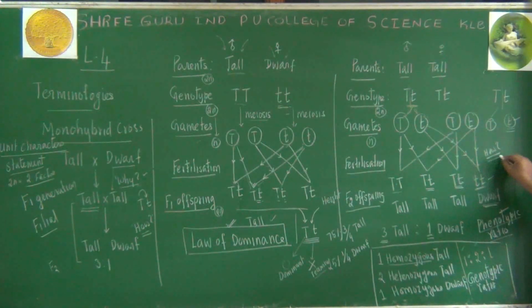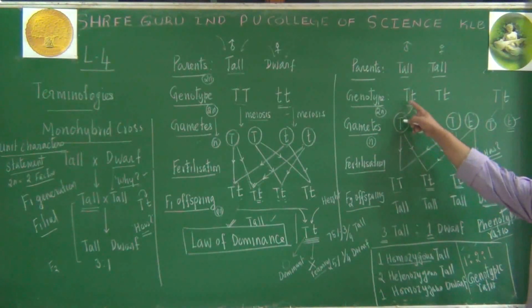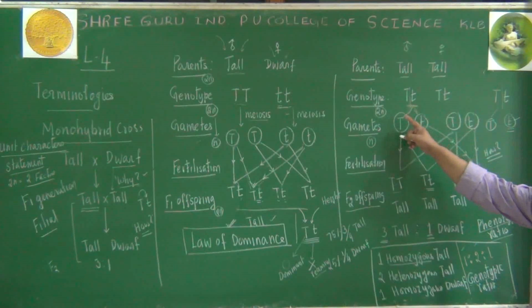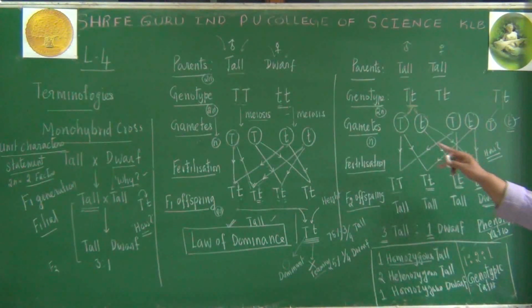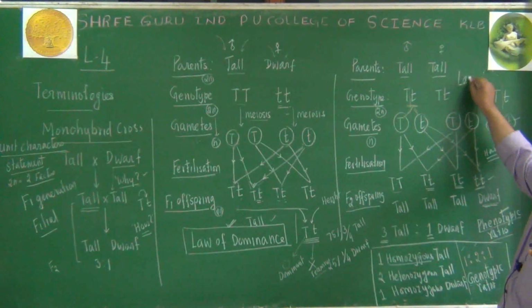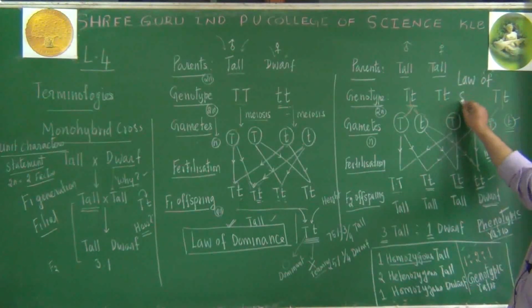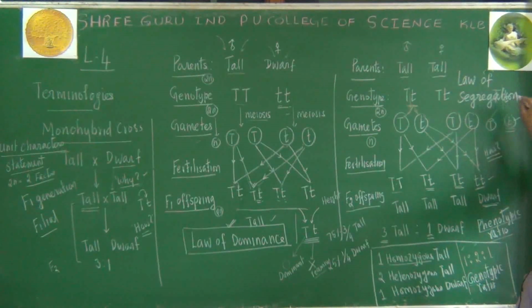How did dwarfness reappear? Because it separated from capital T during gametogenesis. This is another law proposed by Mendel. What is that second law? It is called the law of segregation.